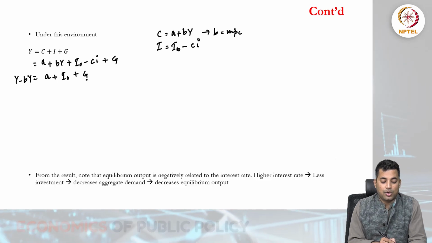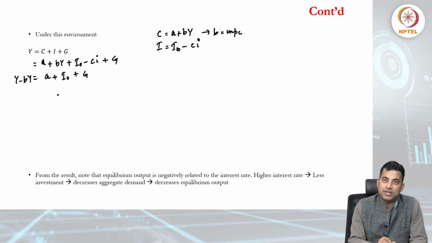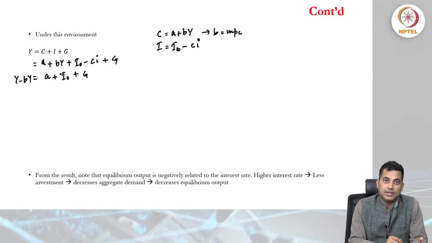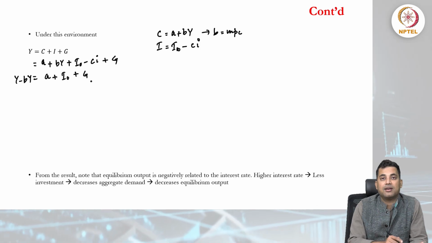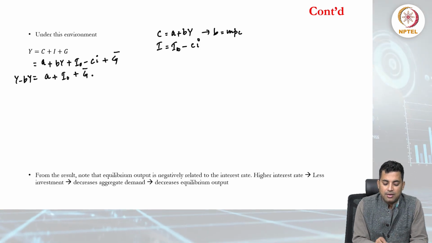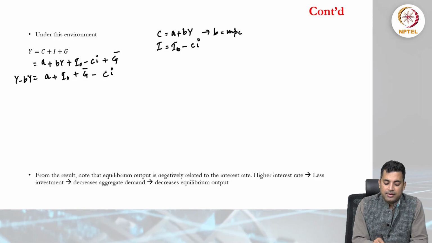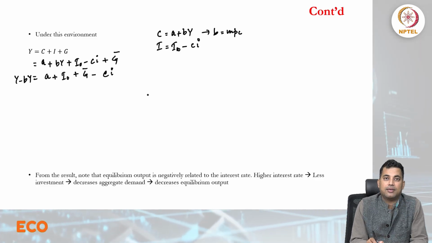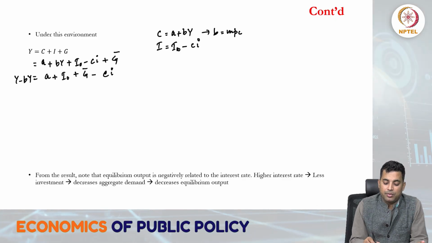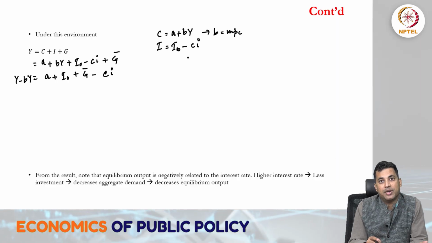So these are all constants. A is autonomous consumption, which is fixed, a certain amount of consumption. I naught is planned investment, which is fixed. Government expenditure is also known, so we can consider it fixed, minus c i, and small c is the investment coefficient, which shows the functional relationship between investment and the rate of interest.